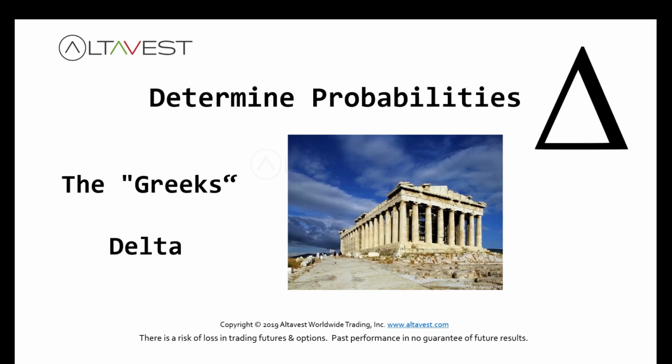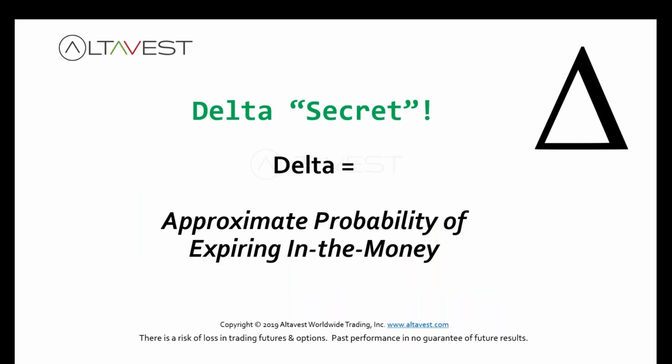But first, a quick review of two Greeks we need to know about. We're not going to go into the weeds with the higher order, multiple derivative Greeks. That's not what we're doing. But just understand what the delta is. It's the approximate probability of expiring in the money. So how do we use that to our advantage?